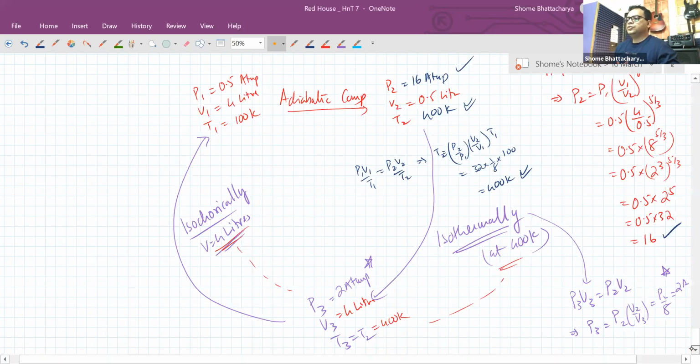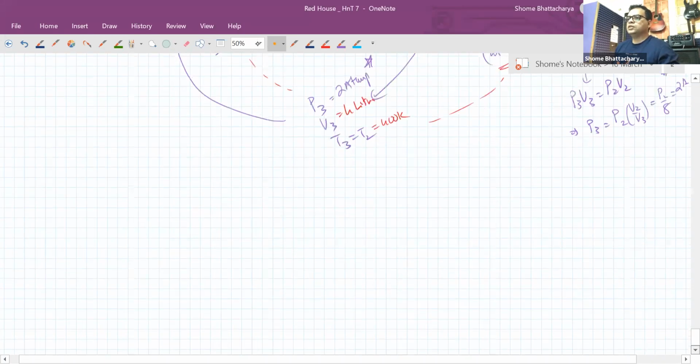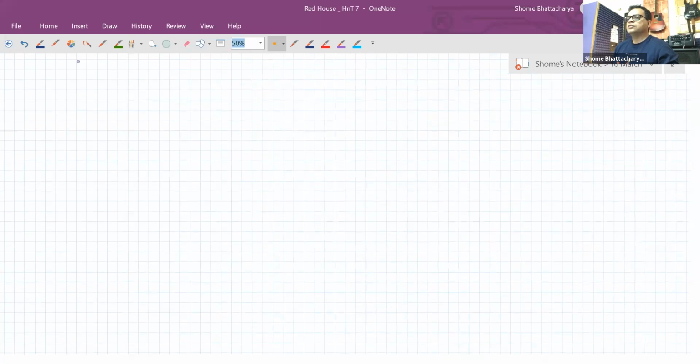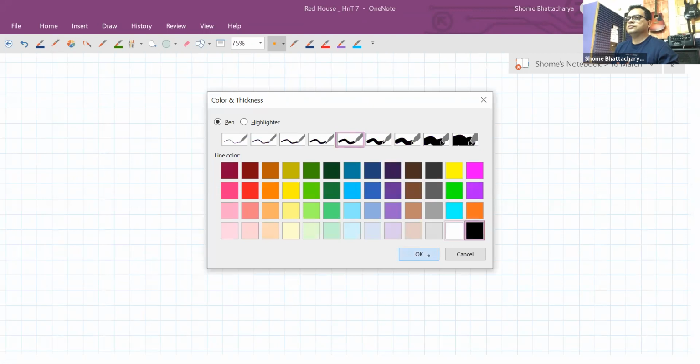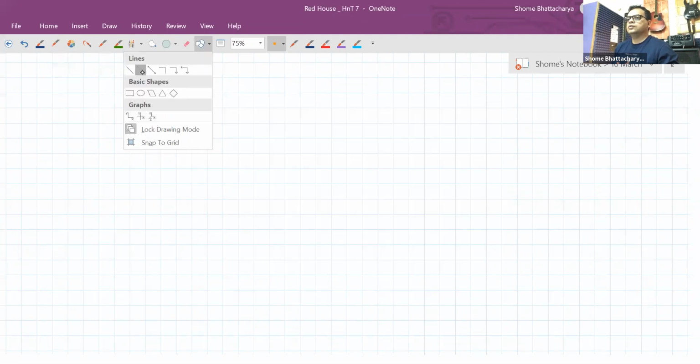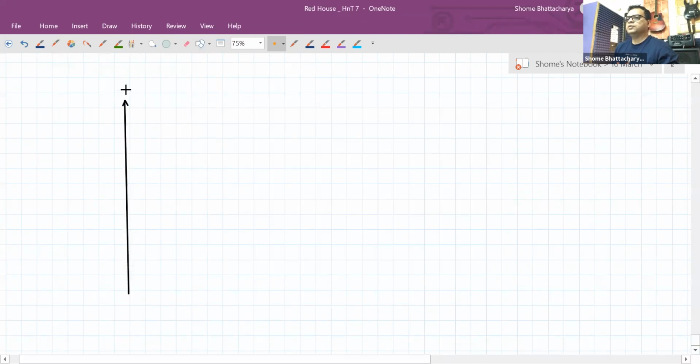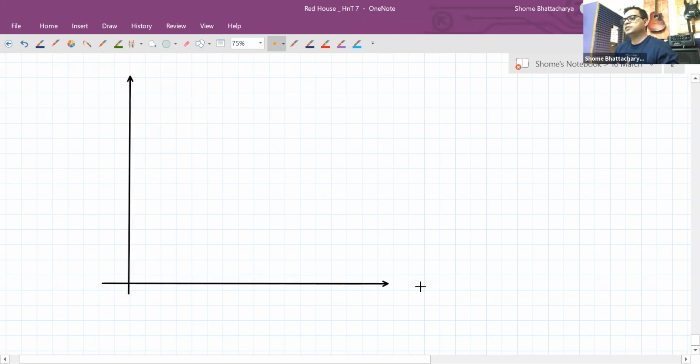Okay, so I'm sure this is clear to you. We'll quickly go over the graph for the entire cycle. Graph will also give us some perspective about the relationship between isotherms and adiabats.